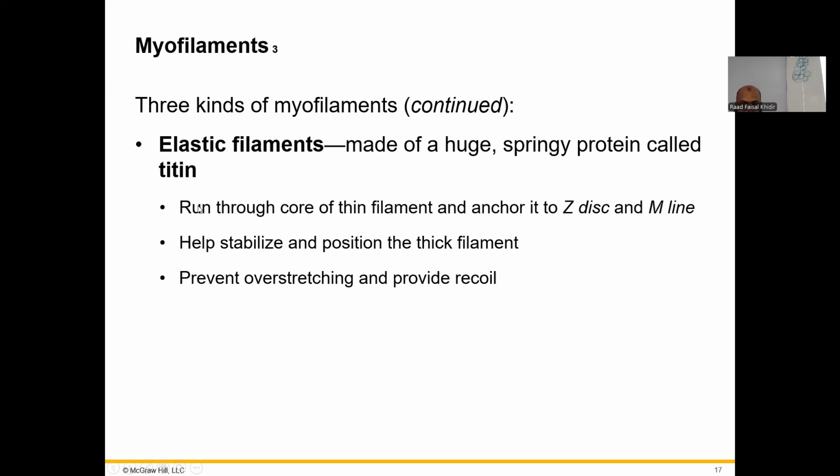Titin is going to run through the core of the thick filament and anchor it to the Z disc and the M line. That would help stabilize and position the thick filament, and that's going to prevent overstretching and provide the recoil.